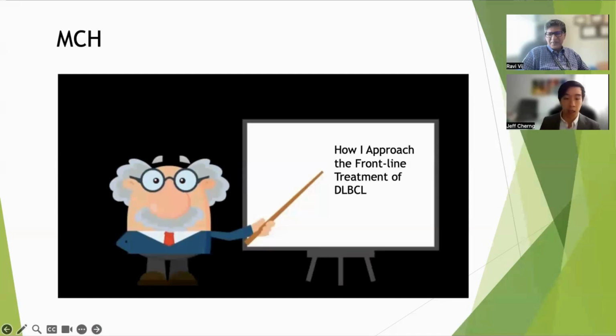help guide any treatment changes, be that escalation of treatments to more aggressive regimens in patients that have suboptimal mid-treatment or even end of treatment MRD or molecular response, or de-escalate treatment in patients who become MRD negative early on during treatment, so we can decrease their exposure to chemotherapy.